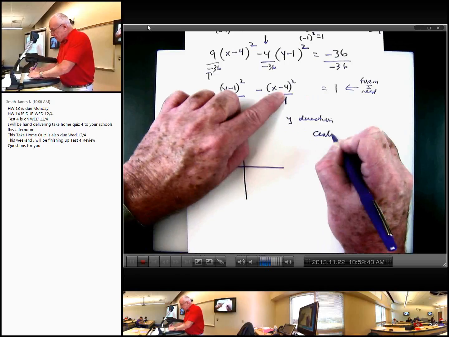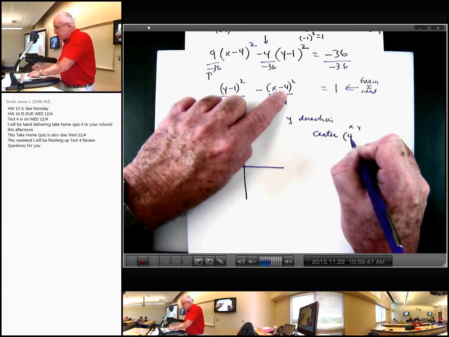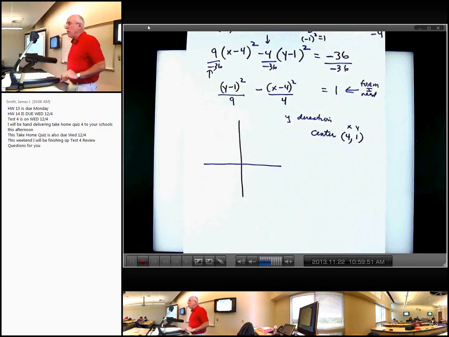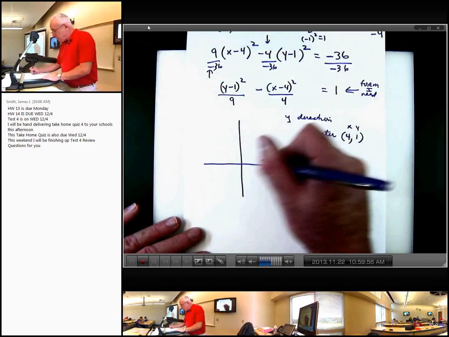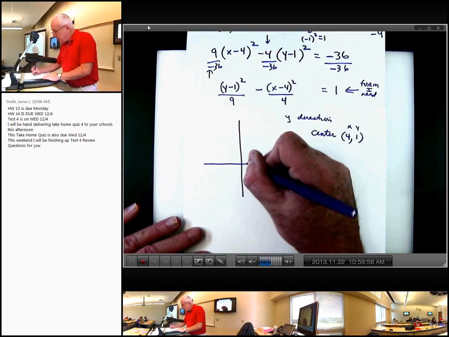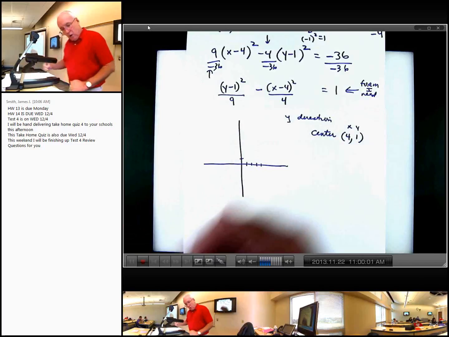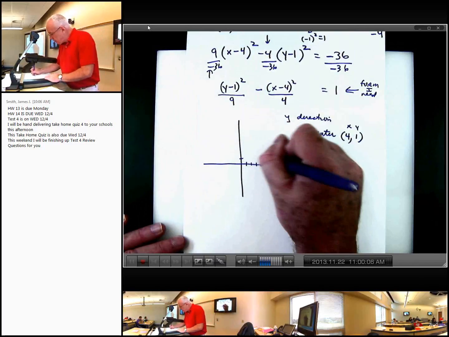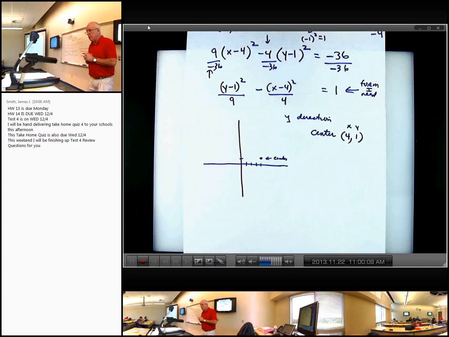So my center, x and y, my x value is going to be a positive 4, my y value is going to be a 1. So that's a good thing to get started with on our graph here. Let's have x is 4, 1, 2, 3, 4, and y is 1. So basically right here is going to be what we can call the center. Okay? All right.